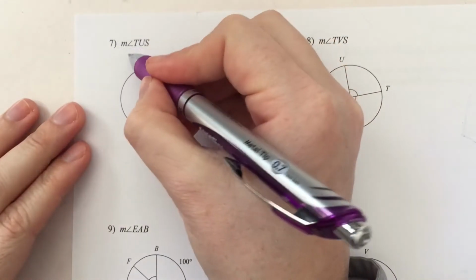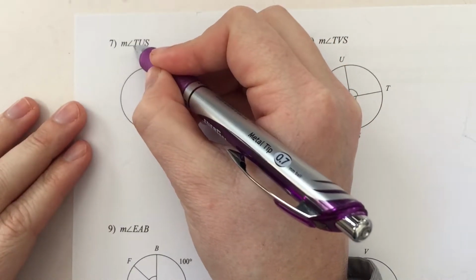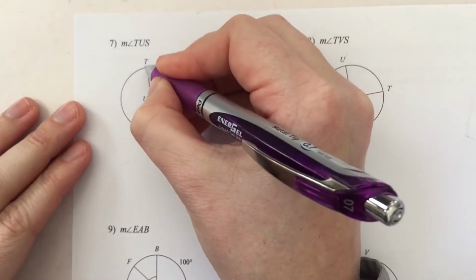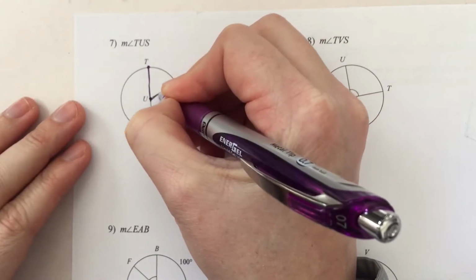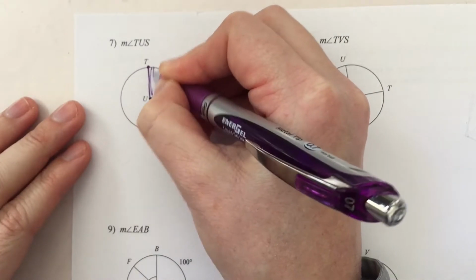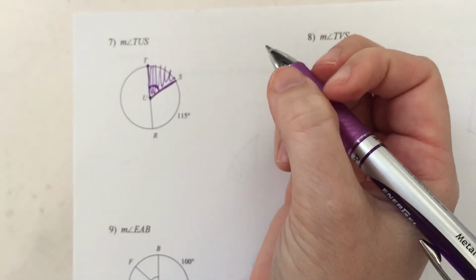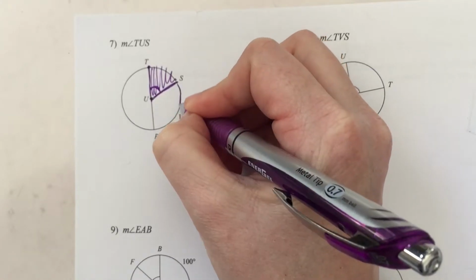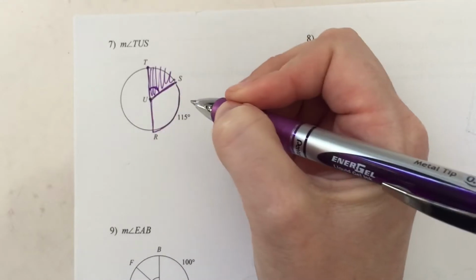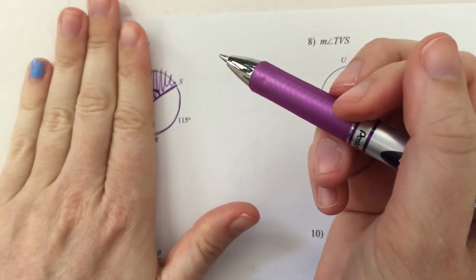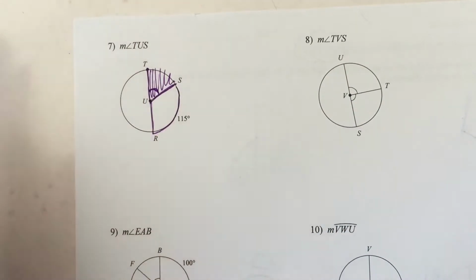7. Angle, the measurement of angle TUS. TUS. So I want to find this shaded area, what that equals. I know this piece is 115, so I'm going to use, well, I guess there's a few ways you could do it.